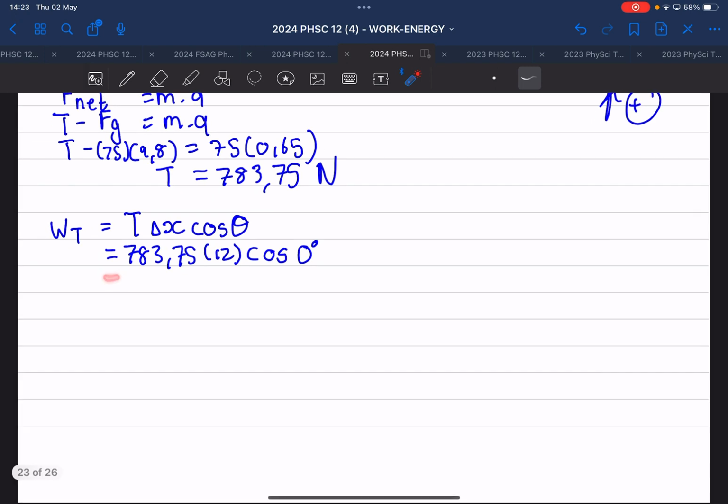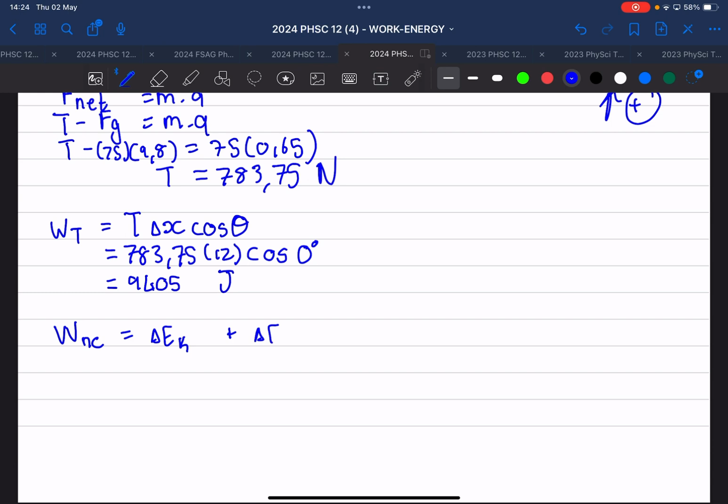So hierdie staan gelyk aan, nou kan ons die ander werksvergelyking gebruik. We can use the other equation. The work done by our non-conservative forces is equal to the change in kinetic energy plus the change in potential energy. Okay?